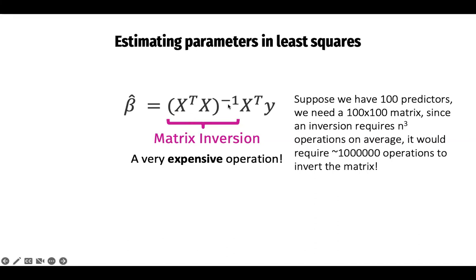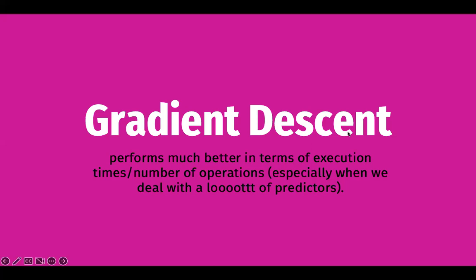And since an inversion requires n cubed operations on average, as you can see, we take the dot product of these two, invert, and then take the dot product again. So it would require at least 1 million operations to invert the matrix. So it is very expensive.